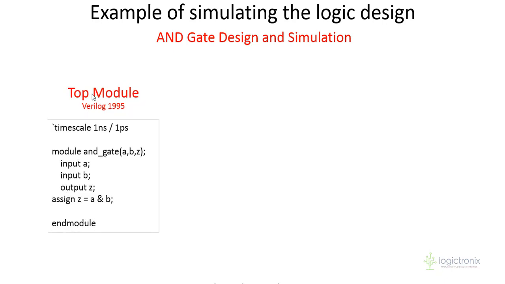And let's see one example of how to write very basic logical gates. While talking about the Verilog code, here we have the 95 revision of a Verilog module, which is termed the top module. So we have the time scale. These are compiler directives. Compiler directives instruct the compiler for some background setup. So we are just writing the time scale directive, 1 ns by 1 ps.